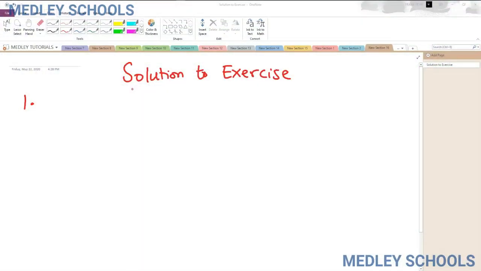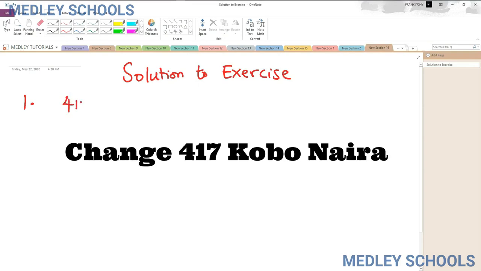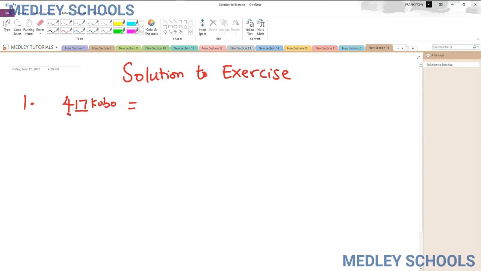Now we check out the solution to the exercise given. Number 1 says we should change 417 kobo to naira. Now from what we learned, we know that we're going to take the 2 digits away. Then from there we know the multiple of 100 that is given to us. So we have it as 400 kobo plus 17 kobo.